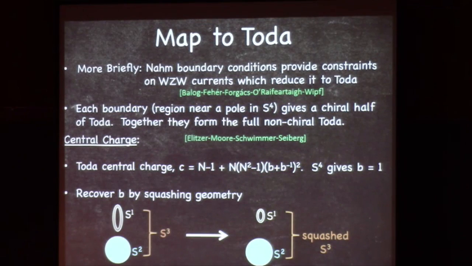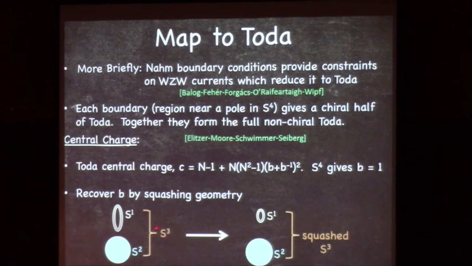Now, of course, we'd be interested in recovering some b dependence, and we know how to do that, actually. So the way to do that is to deform the S4 geometry. So the way to describe the deformation is think again of this equatorial 3-sphere.